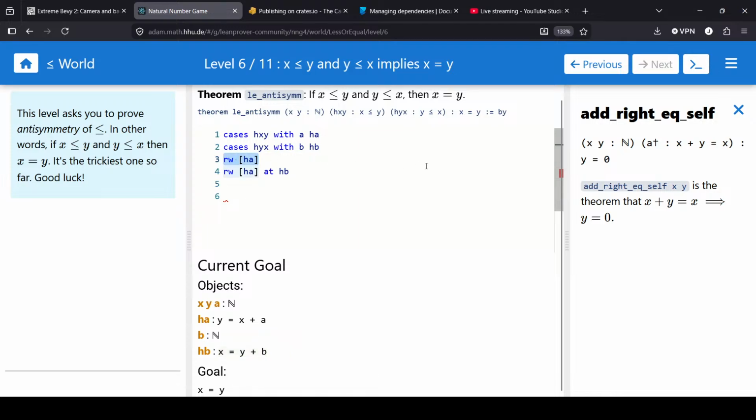Okay, let's not rewrite the goal just yet, maybe? Actually, I don't know. I don't really care. We don't care. Wait, yeah, no, if I use add_assoc, don't I get something of the right form here? Yeah, x equals x plus that thing.